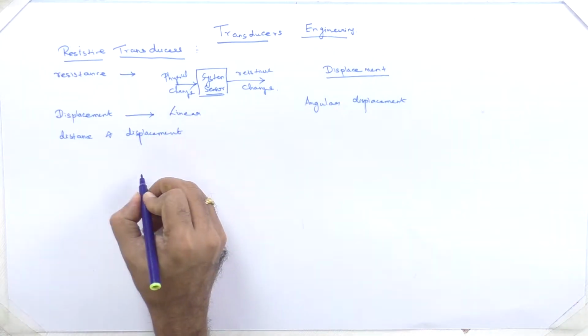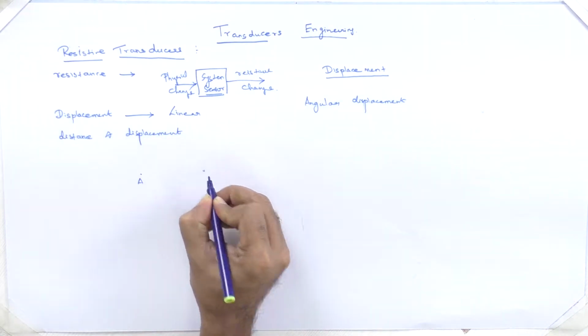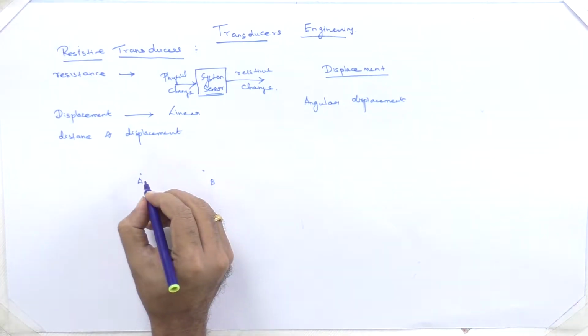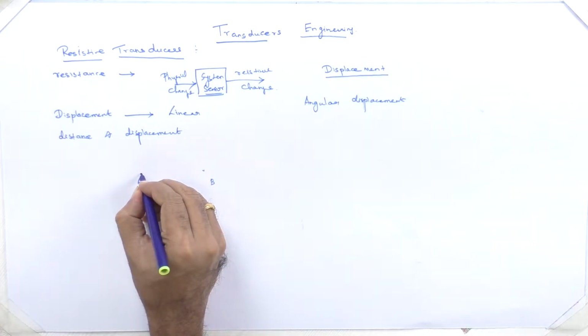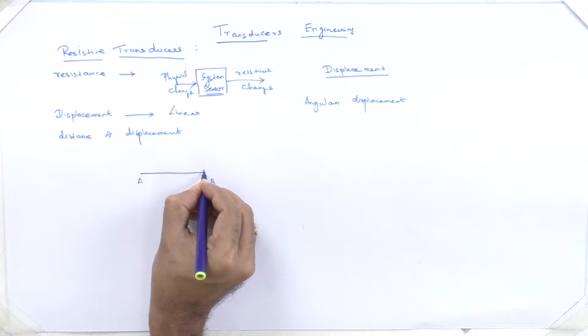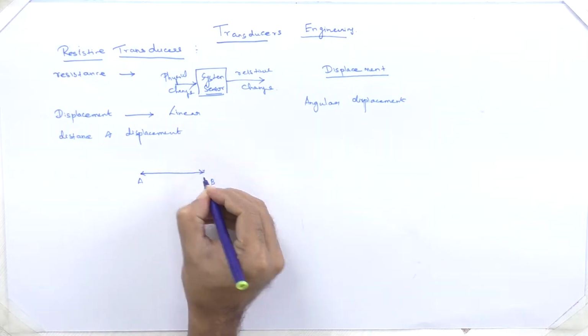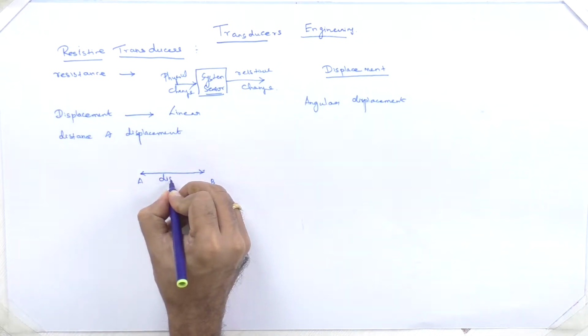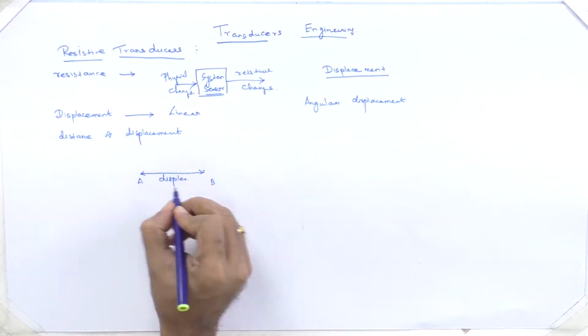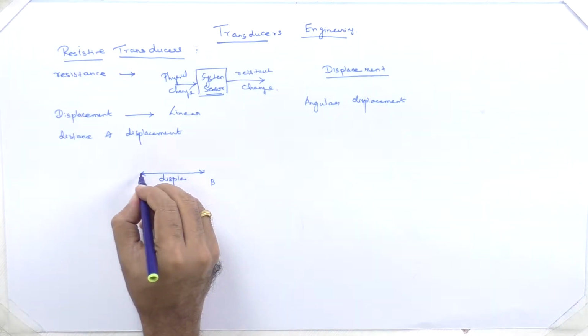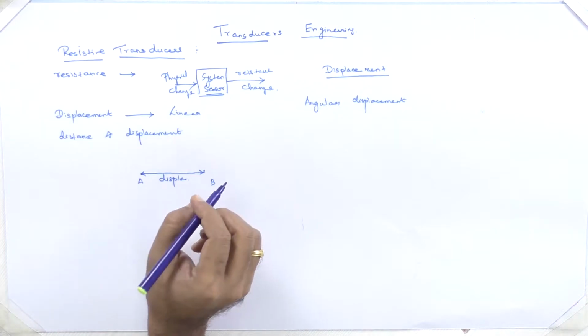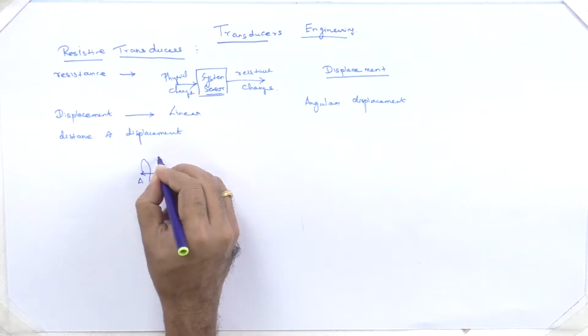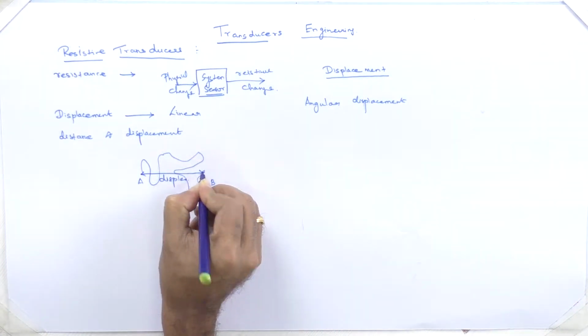Take 2 points A, B. The minimal length between these 2 points is called displacement. You can travel from A to B by this minimal way, but you can also travel in many different ways like this.